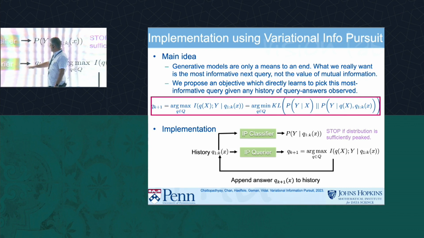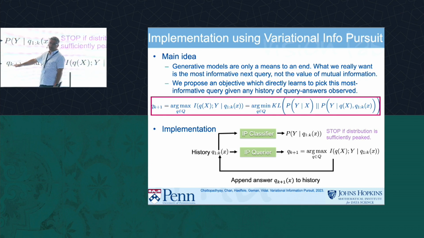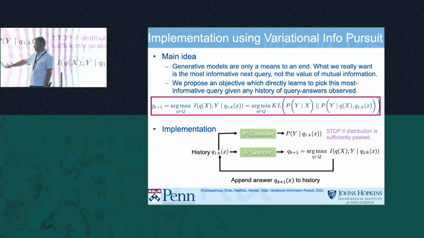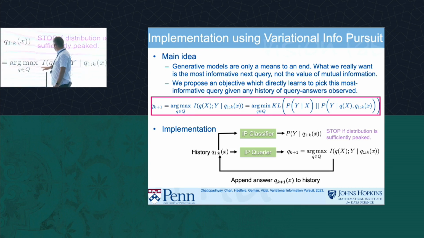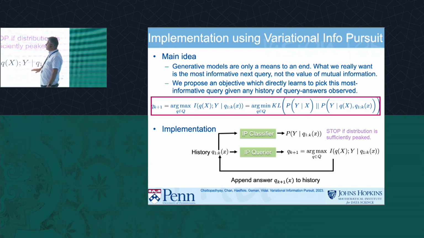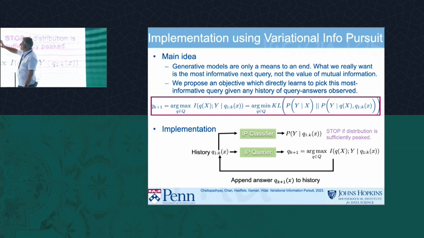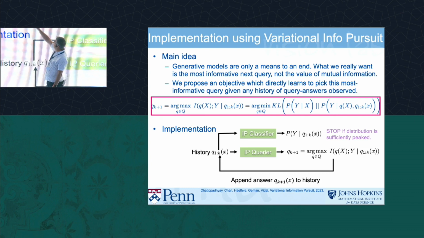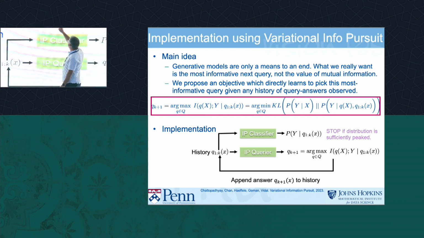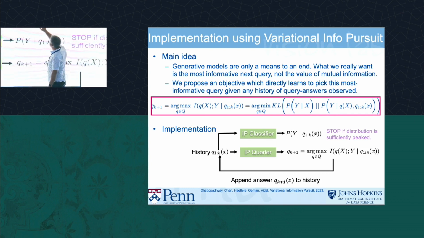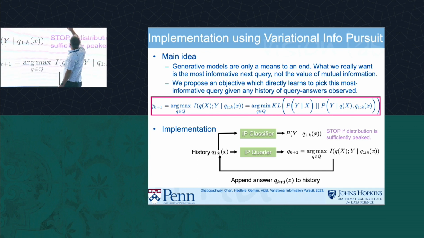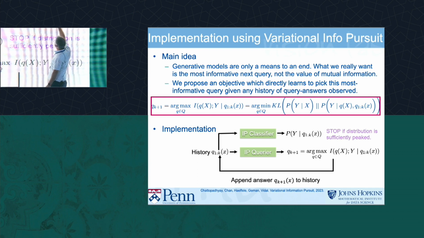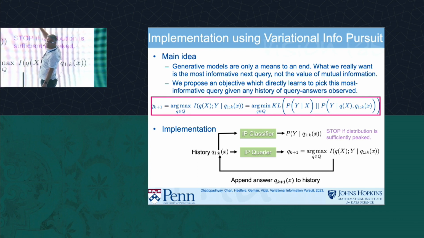And the querier is now going to try to select what query to ask about that MNIST digit in order to predict its class the best. And it does that according to this mutual information criteria. But as it turns out, we were able to prove analytically that finding the query that maximizes the mutual information is the same thing as minimizing the KL divergence between the posterior and the posterior conditioned on the history thus far and the new query that I'm asking.